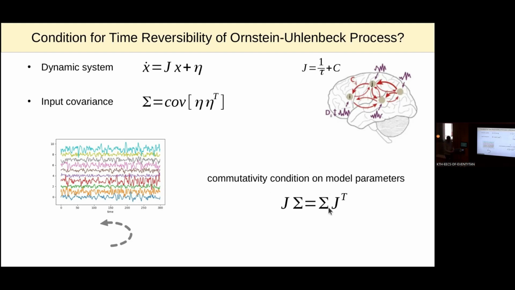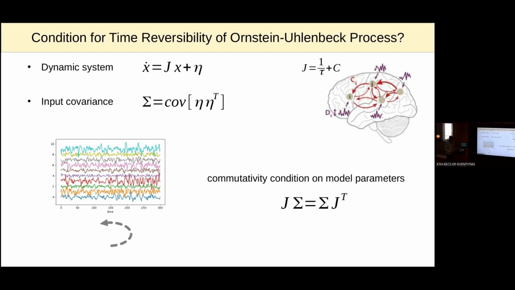That's a property in physics that is well known. For the Ornstein-Uhlenbeck process, this corresponds to a commutativity condition on the model parameters. If the matrix J, corresponding to the connectivity, and the input covariance commute in this way, with the transpose, then you've got time reversibility. If not, you don't have that.